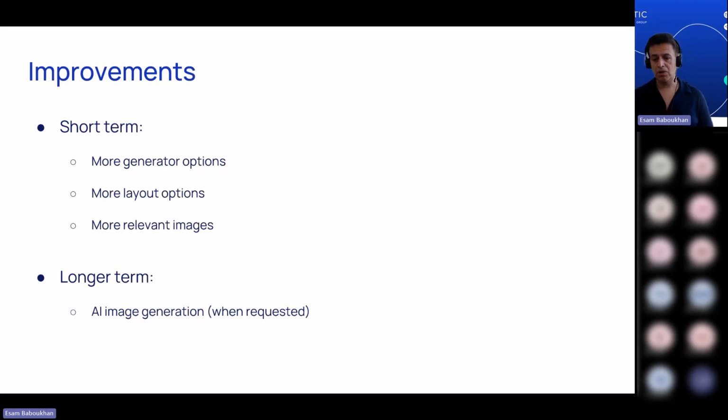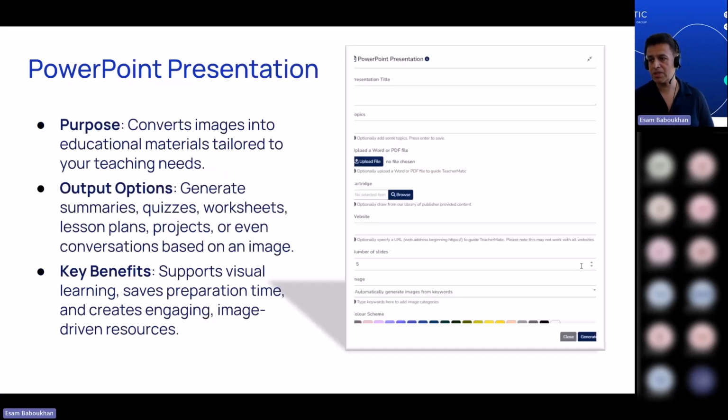Longer term, you'll also be able to produce some of these images using AI. So rest assured, just to let you know, we're continuously improving all the generators, and as I said, PowerPoint probably solicits most of the feedback, and we're very conscious of how we need to make this even better for you.